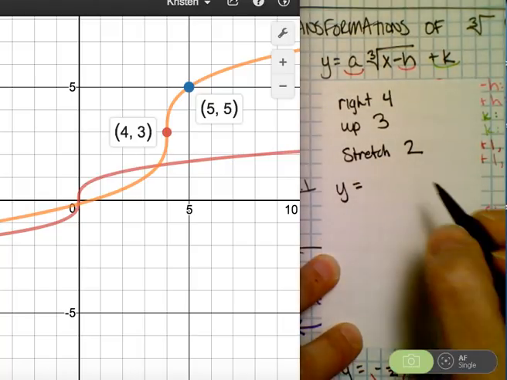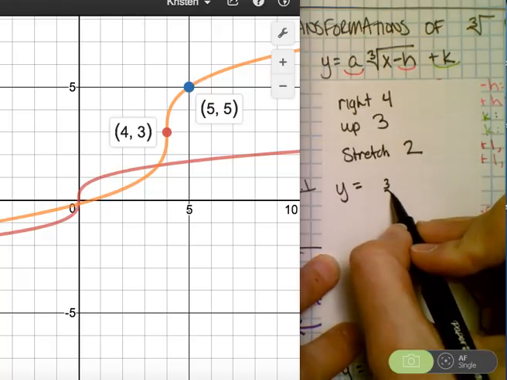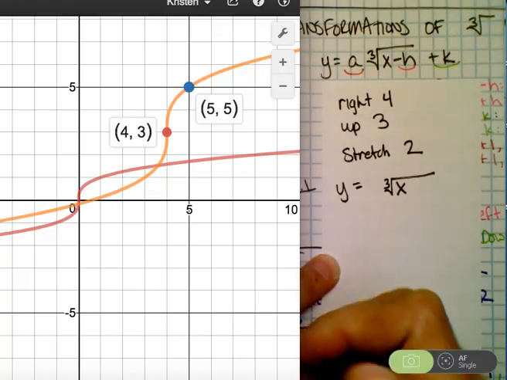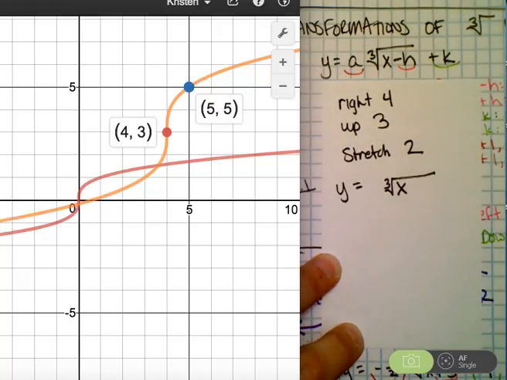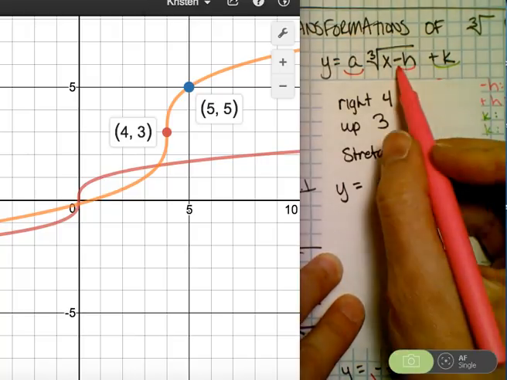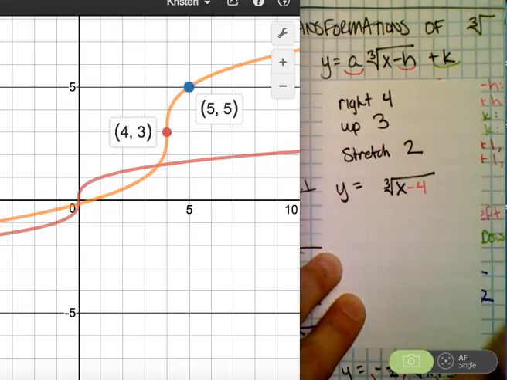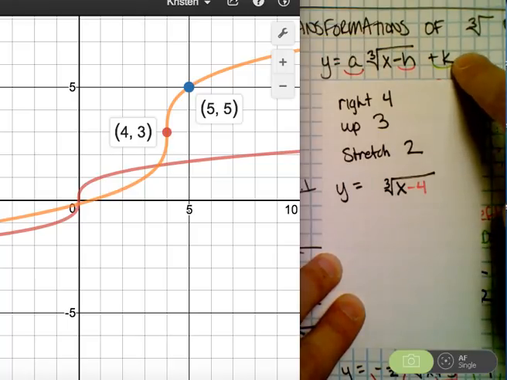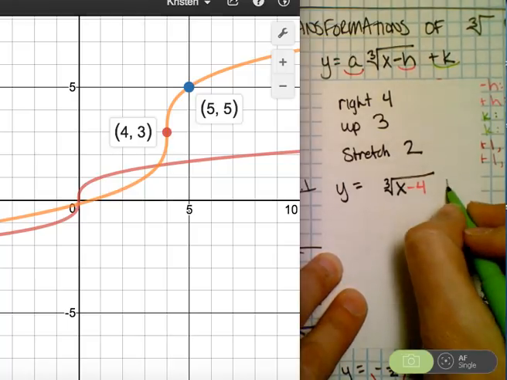So my equation is going to be cube root of x goes in there. Well, right 4 means this needs to be a -4. Up 3, so +3 at the end.